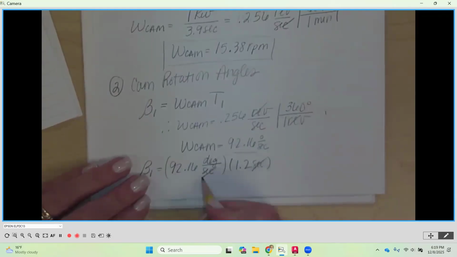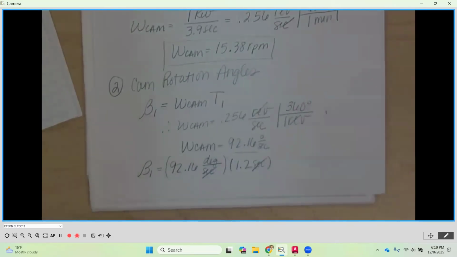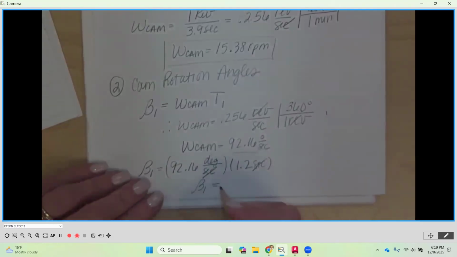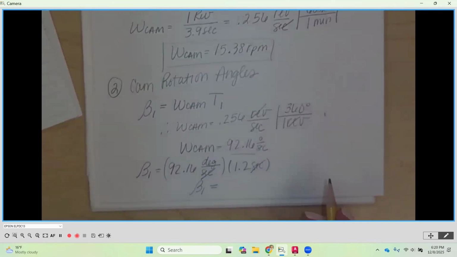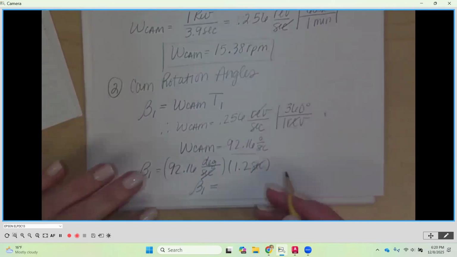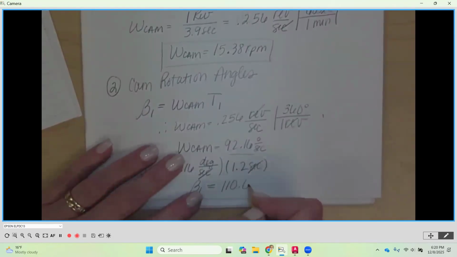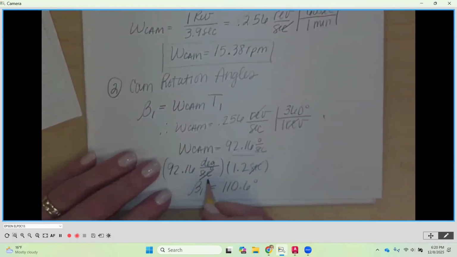Now seconds are going to cancel top to bottom, and now I'm left with degrees, okay? So you do have to do that little bit of converting to make sure that you end up with degrees for beta 1. So how many degrees do you end up with for beta 1? 110.6? Yep, that sounds good. 110.6 degrees. So we're going to put a little cloud around that because we will refer to that in a little bit, okay?